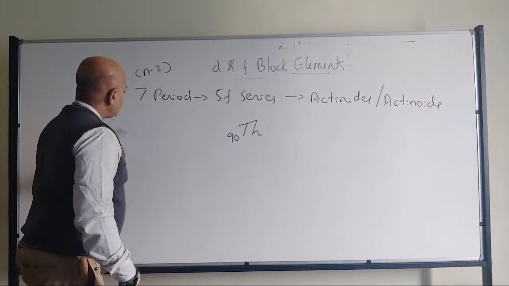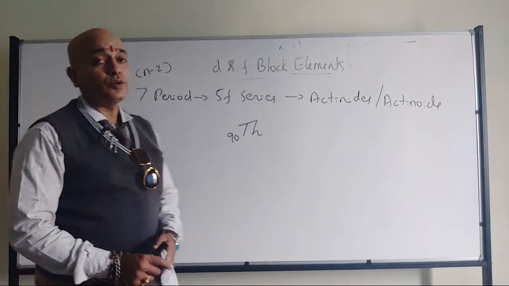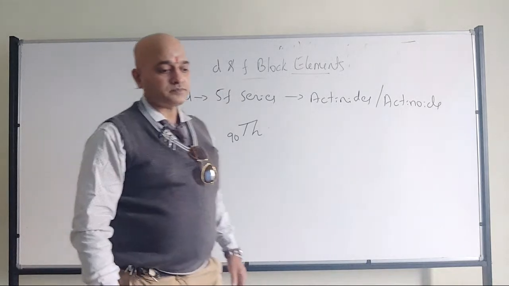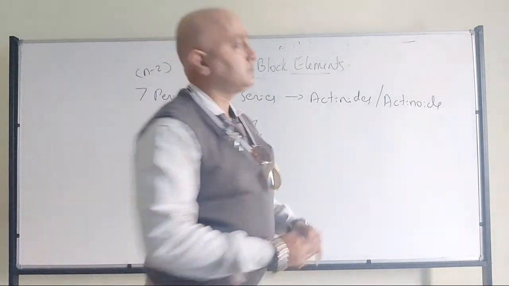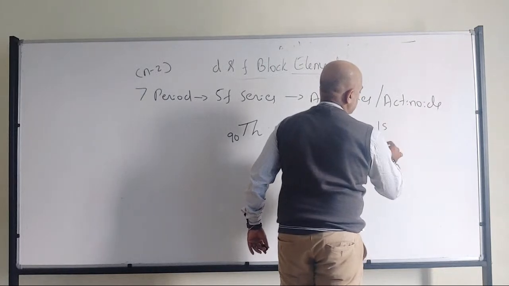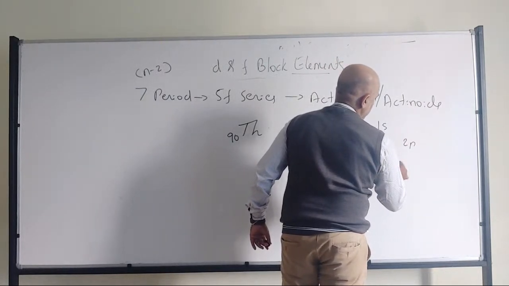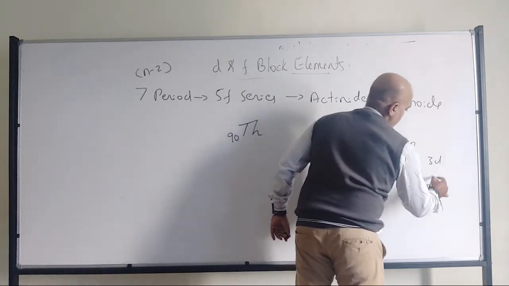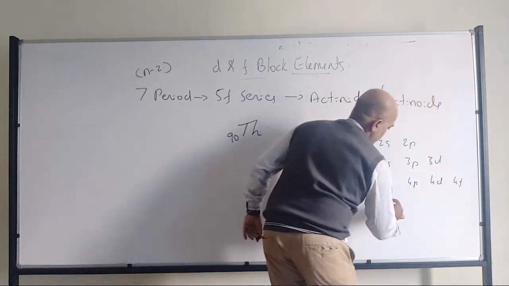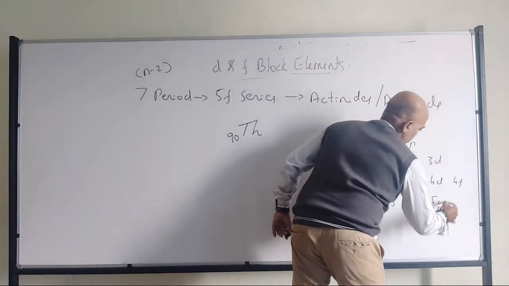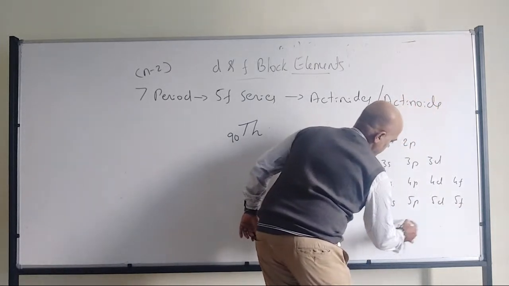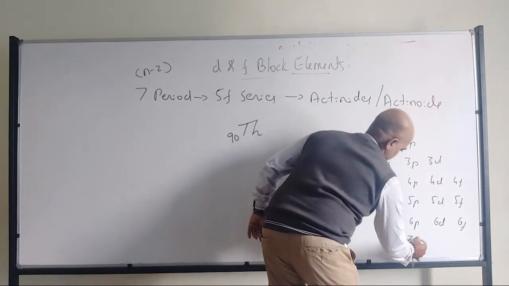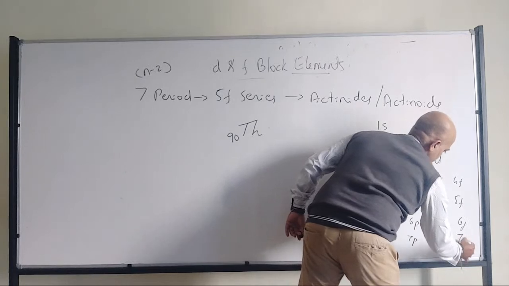Now, can any one of you write the electronic configuration for thorium? I will write here 1s, 2s, 2p, 3s, 3p, 3d, 4s, 4p, 4d, 4f, 5s, 5p, 5d, 5f, 6s, 6p, 6d, 6f, 7s, 7p, 7d, 7f.